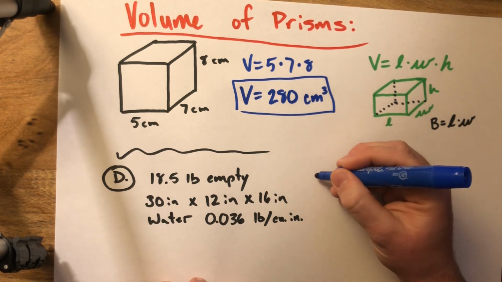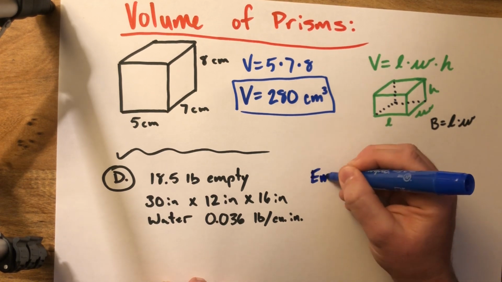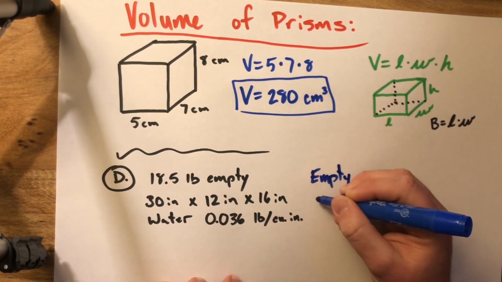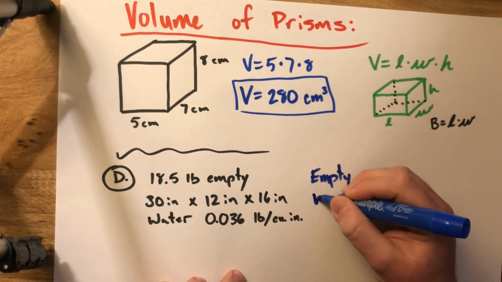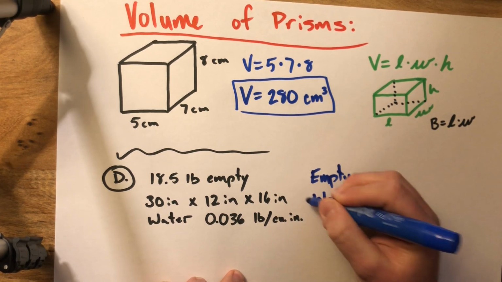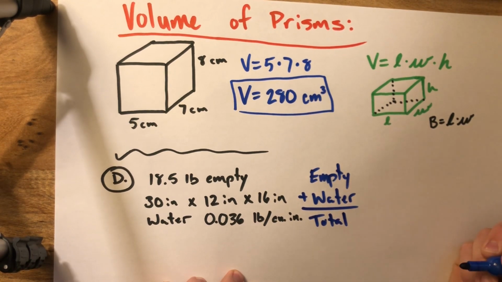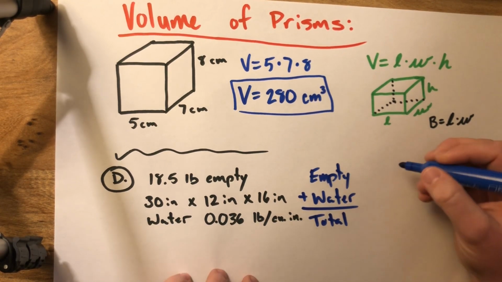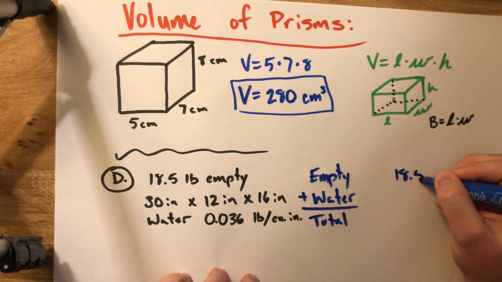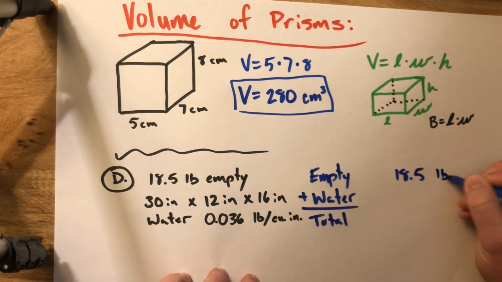So if we add the empty weight plus the water, we should have the total weight. So let's work on that. Our empty weight would be 18.5 pounds.